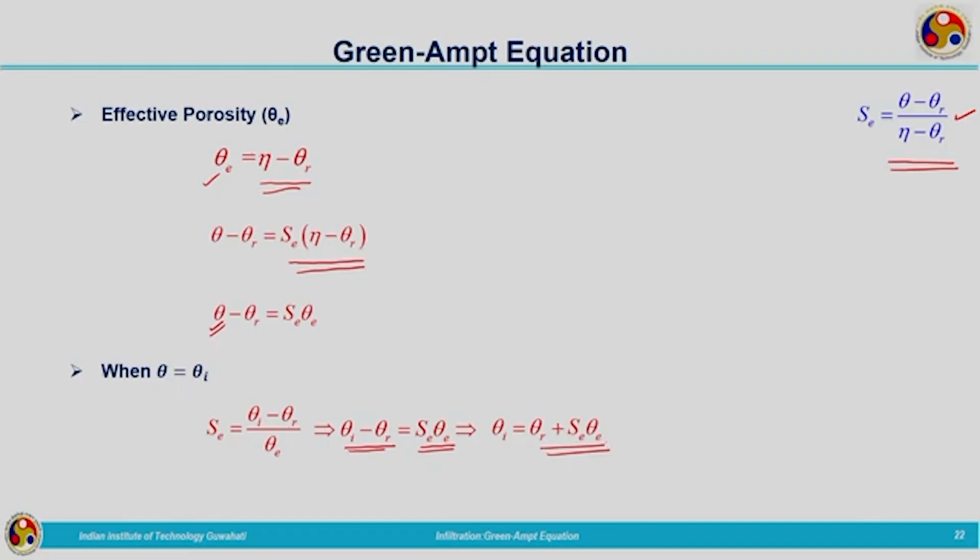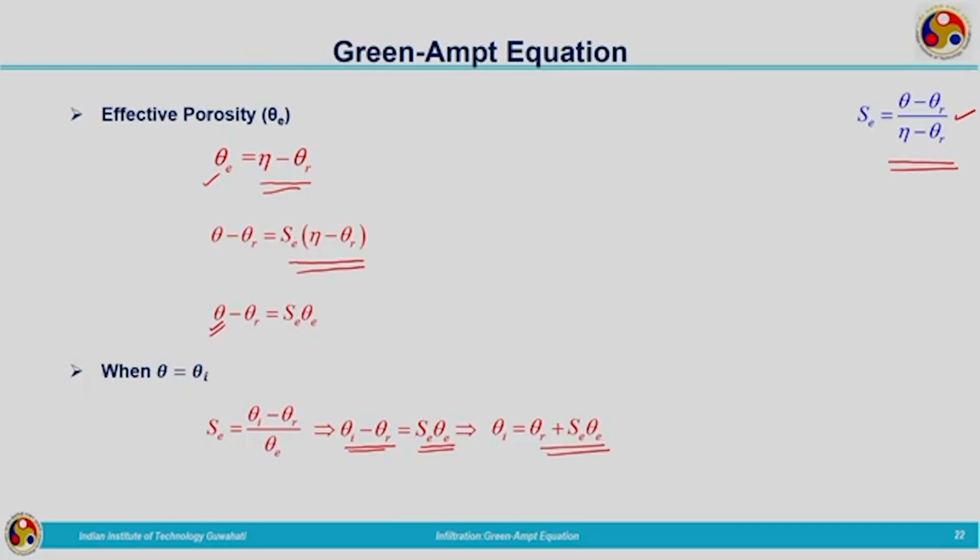For a soil at a particular time, theta R is known to us, effective saturation is a constant value, and effective porosity, that is eta minus theta R, also will be known to us. From that we can calculate the initial moisture content.